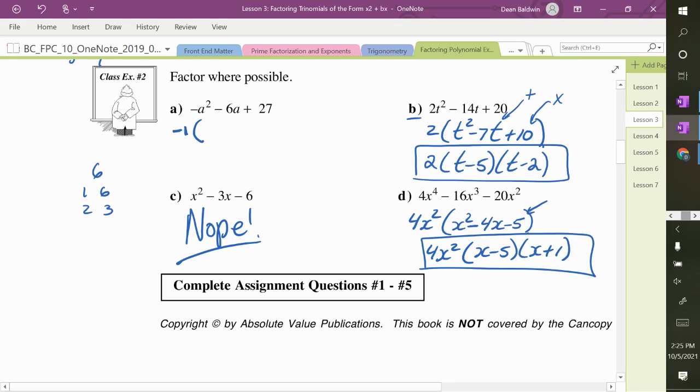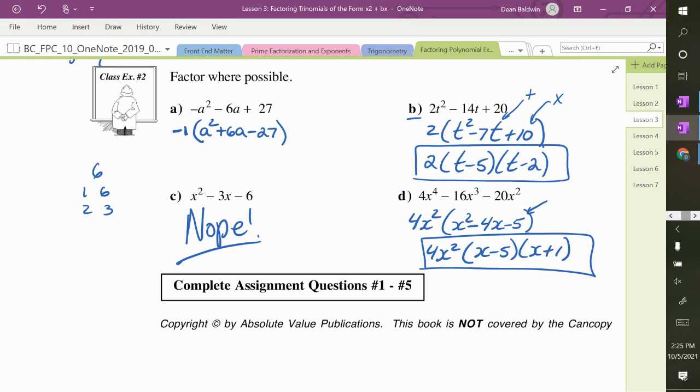Because -1 divided by -1 is positive a squared. What happens to the -6a? And 27 becomes? So that's a trick. If you have a negative, it could be a -2, you would take out a -2 because it'll flip all the signs.